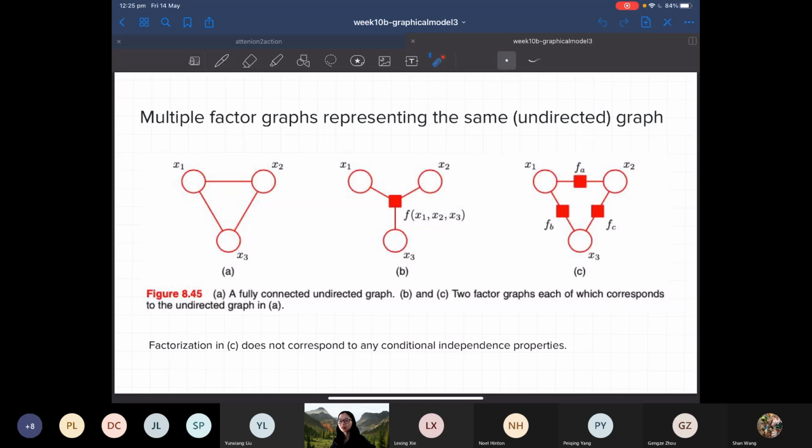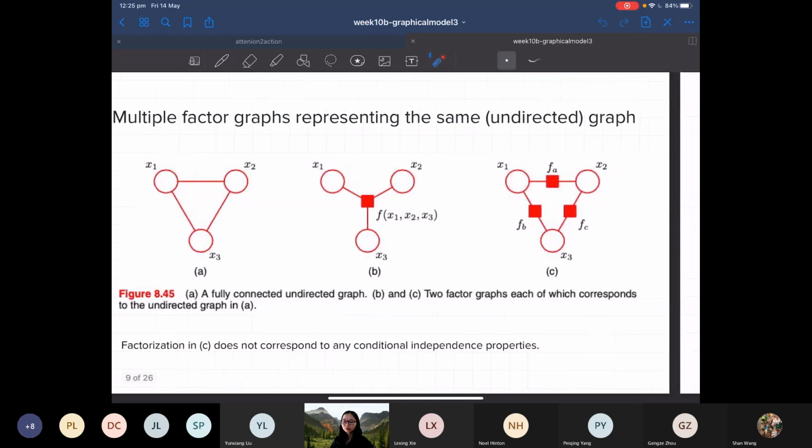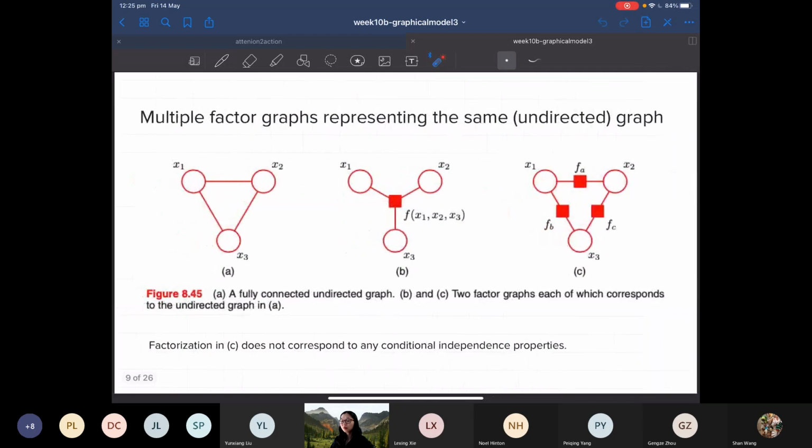There are better algorithms such as graph cut. So graphical models are such a rich class of models, and there are many solution strategies depending on the structure of the graph.